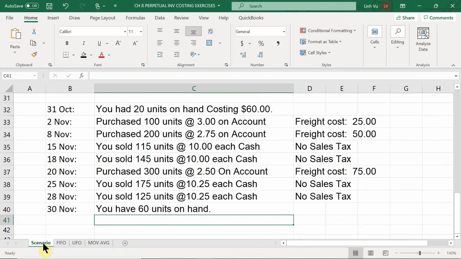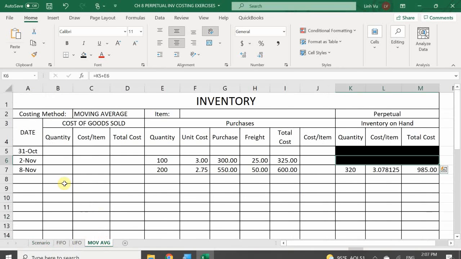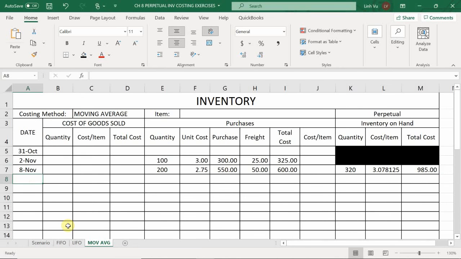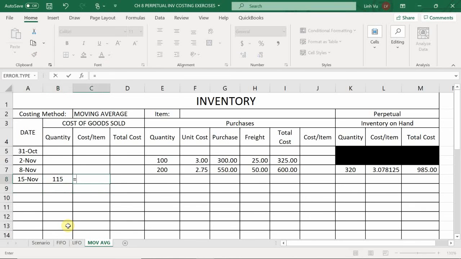So then on November 15, we end up selling 115 units. We would go with your 320 and subtract 115 from that.